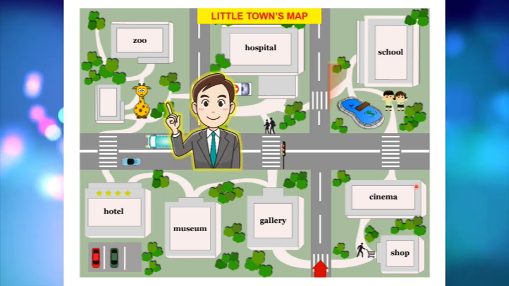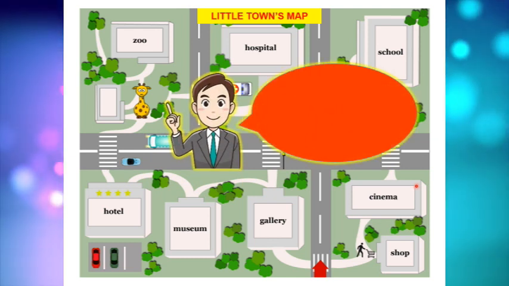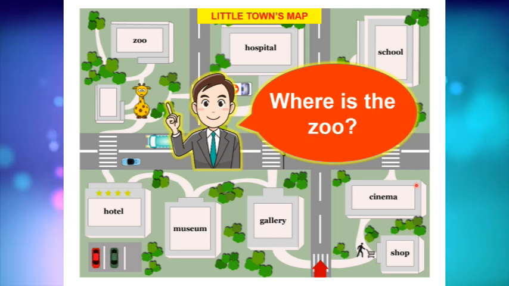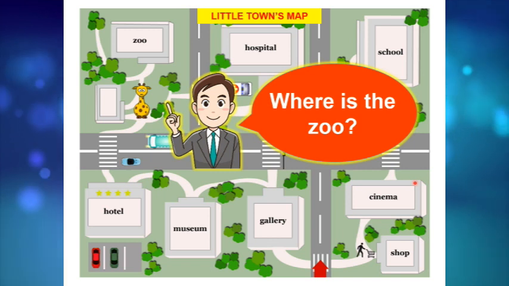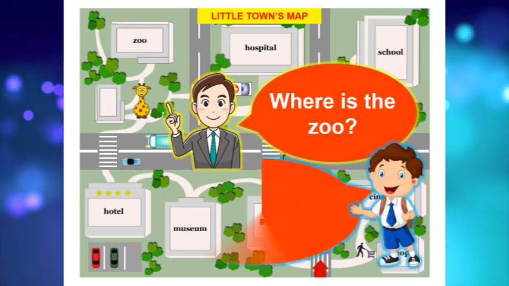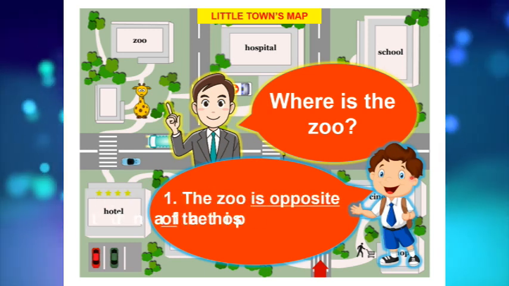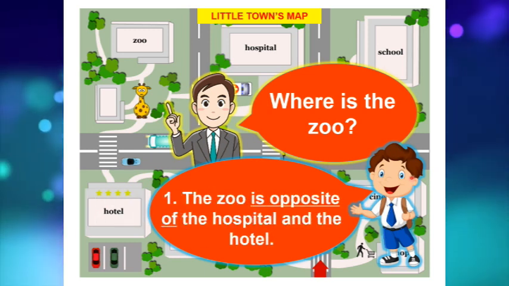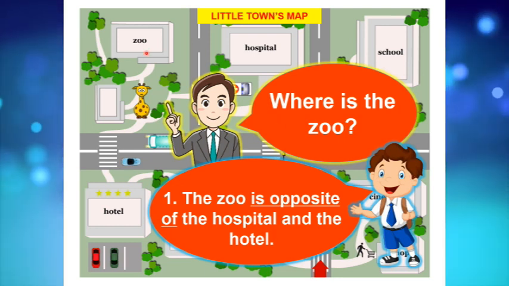Now let's move on to asking and giving directions. Where is the zoo? Okay, someone is asking, where is the zoo? One of the students answers, the zoo is opposite of the hospital and the hotel.